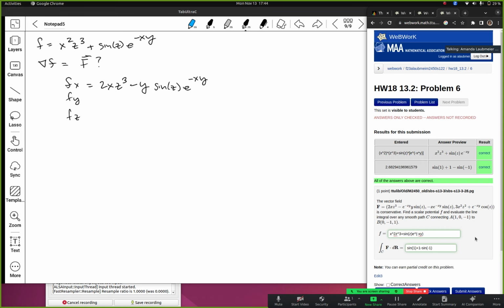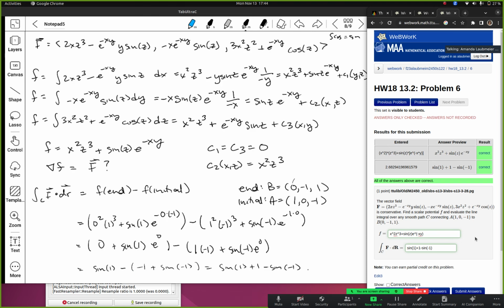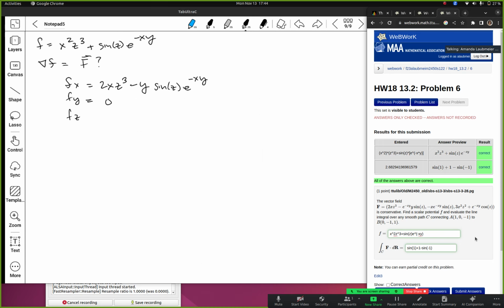Looking at my derivative with respect to y, that first term, x squared z cubed, has no y in it, so the derivative of it is 0. That's the reason why it creates this c2 term that only depends on x and z, because there's something in f that goes away when we take the derivative with respect to y.